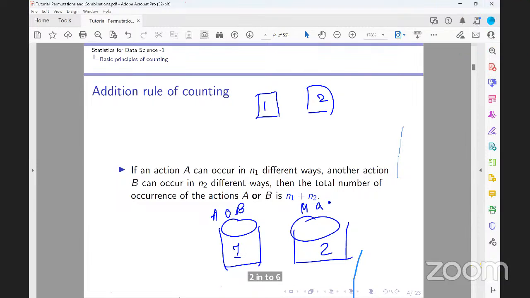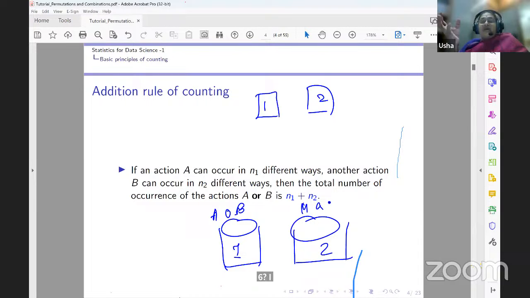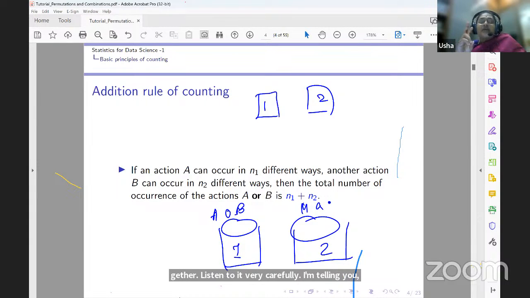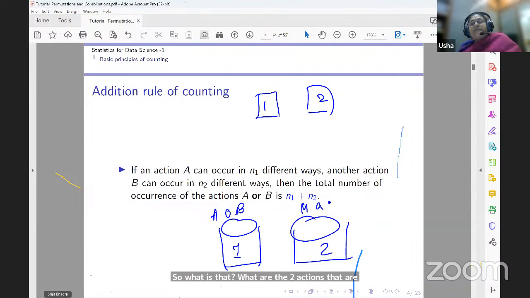I'm not saying roll both the dice together. Listen to it very carefully. I am telling you choose a die, and then roll the die. So what are the two possible actions if I want to apply my rule here?